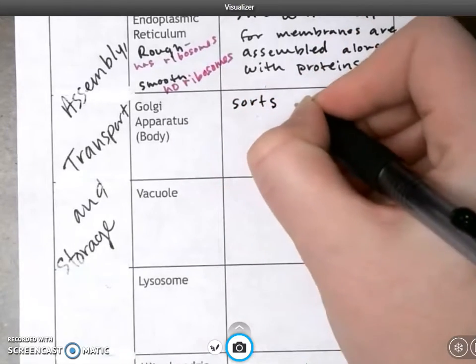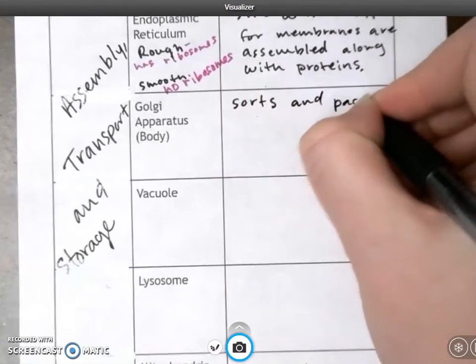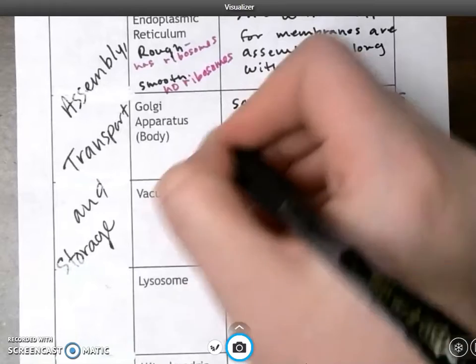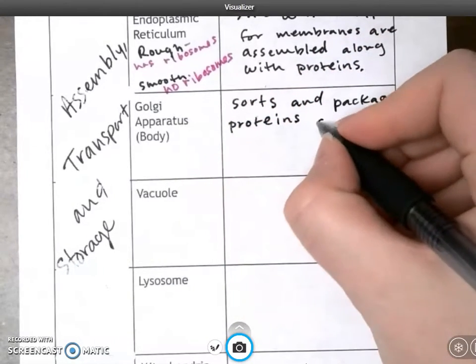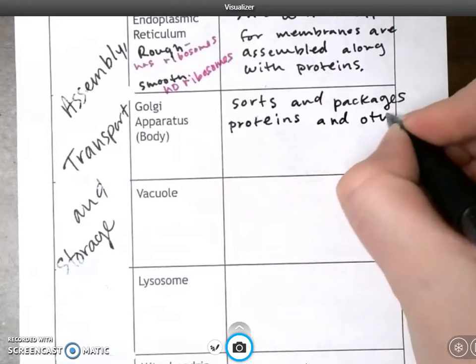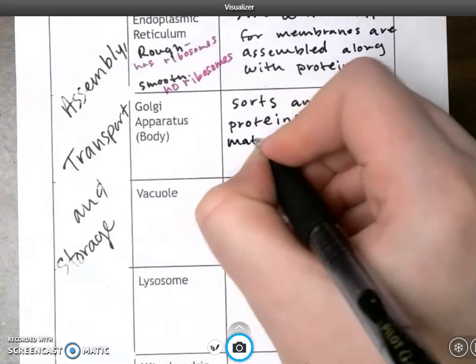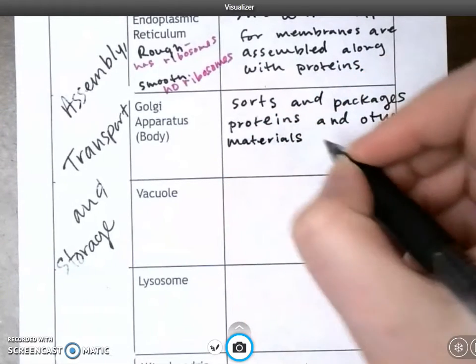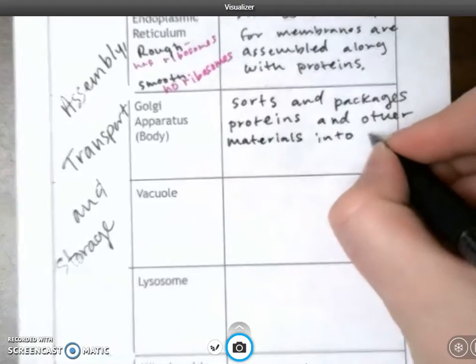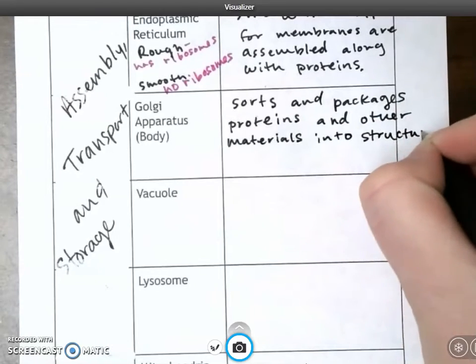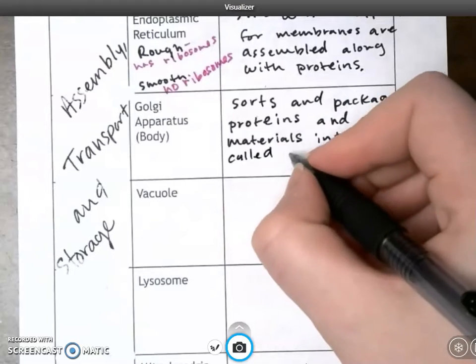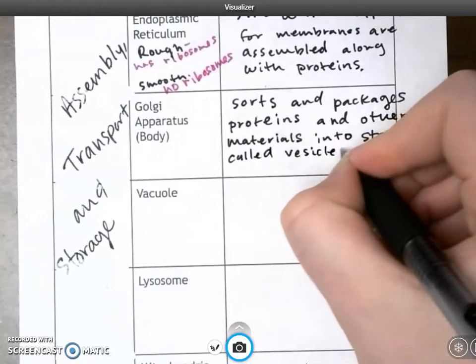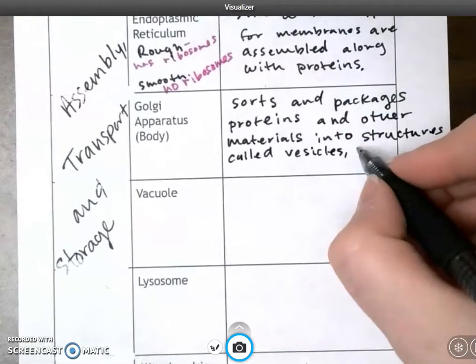So it sorts and packages proteins and other materials into structures called vesicles. Then it ships them out.